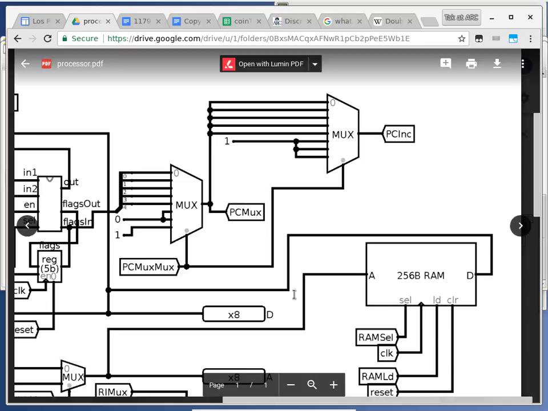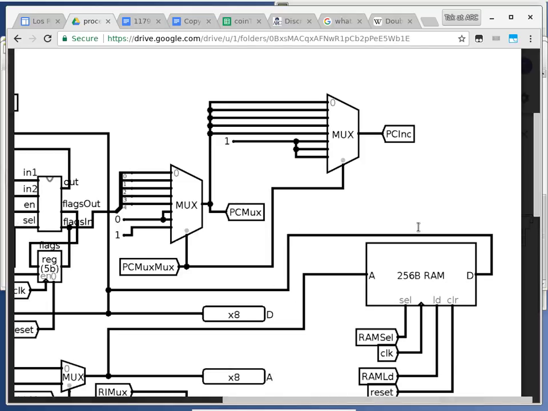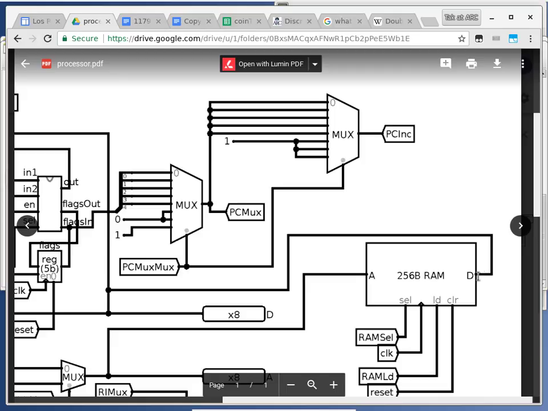And you can see this one goes all the way around here to the data port of RAM. In other words, I'm using the data that I'm reading from RAM to update the program counter. Is that making any sense? Okay, that's how I track down how things are connected.